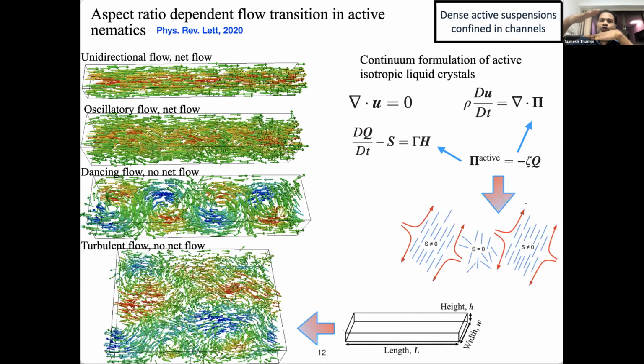And the moment you start putting more and more constraint, the energy or the flow that is generated by each source gets constrained by the friction. Therefore friction will stop any dissemination of information, and that's why you don't get a net flow when you confine it more. The system looks more turbulent-like. So that's the physics that emerges from doing these simulations.